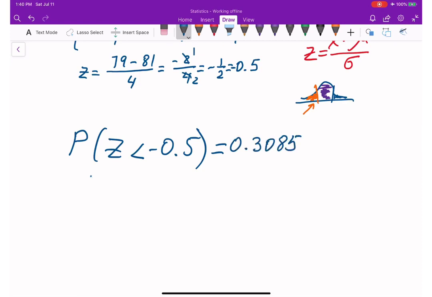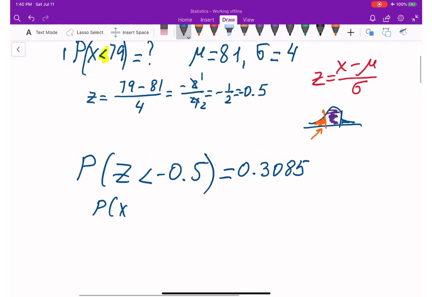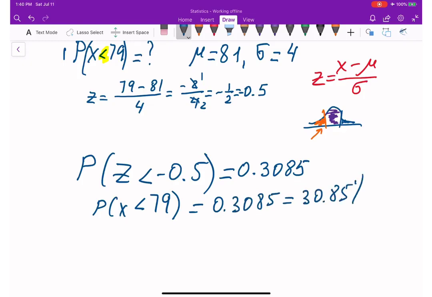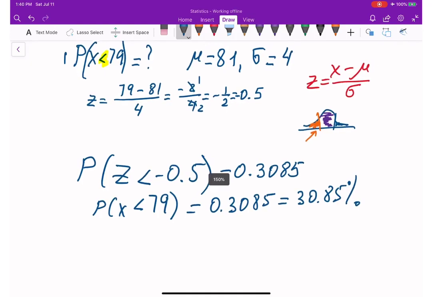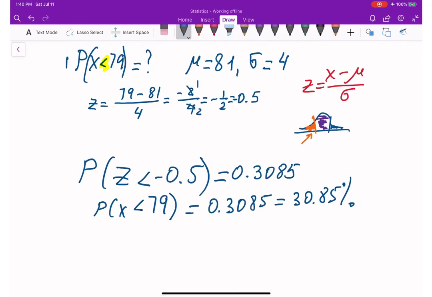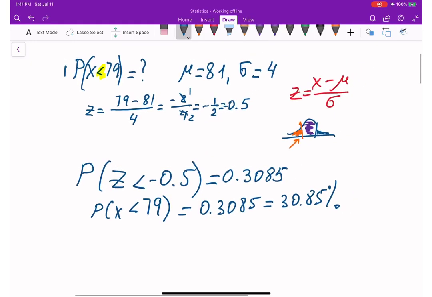That means probability of X less than 79 is equal to 0.3085, which means 30.85%. So there is almost 31% that X is less than 79. All right, so this is the first problem.